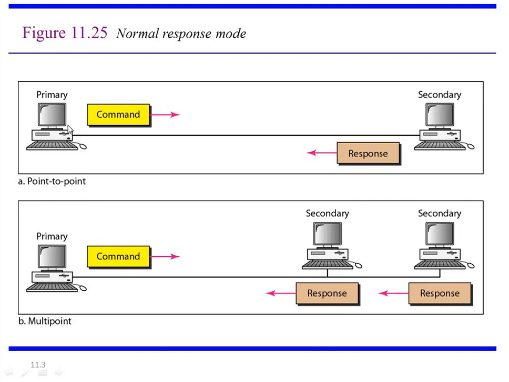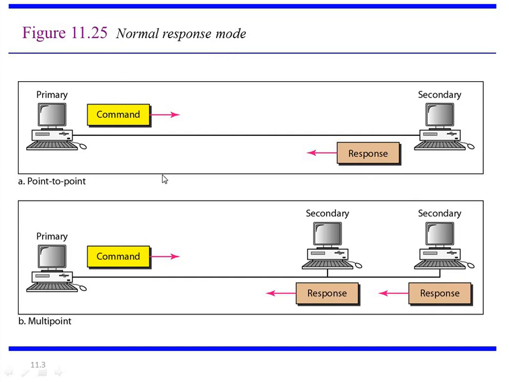In normal response mode there is one primary station and the remaining are secondary stations. The primary station only sends the command and the secondary will only respond. So there is a response from the secondary and a command from the primary. This is called normal response mode.